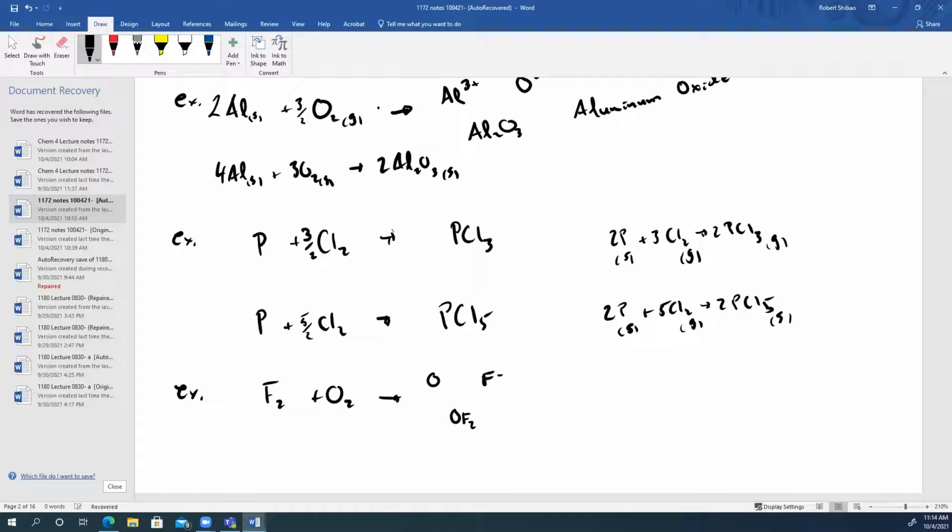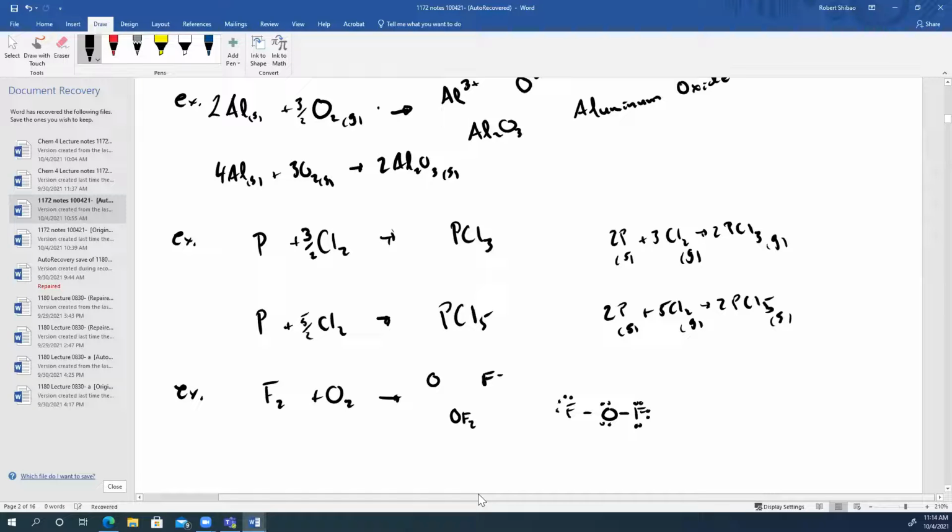There's other ways of figuring this one out, because here we could have variable products like we had before. But one of the ways of figuring it out is OF2 is like H2O, except we have fluorines instead of hydrogens here. And so it looks something like this.